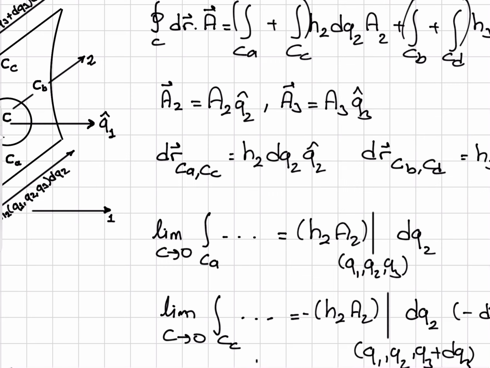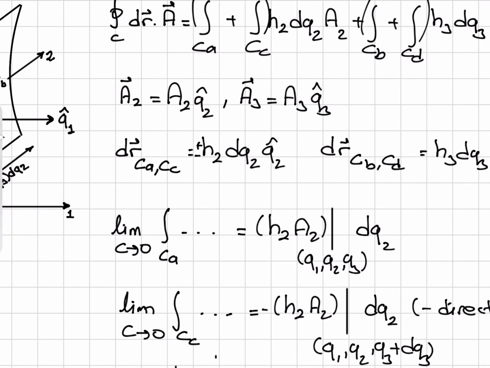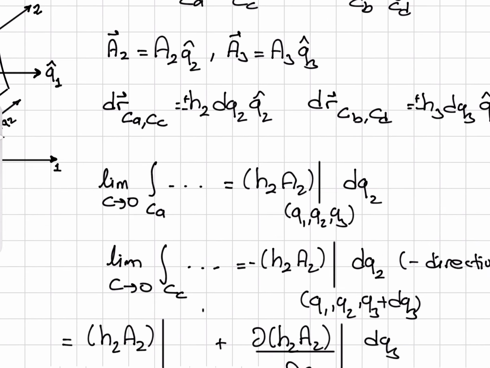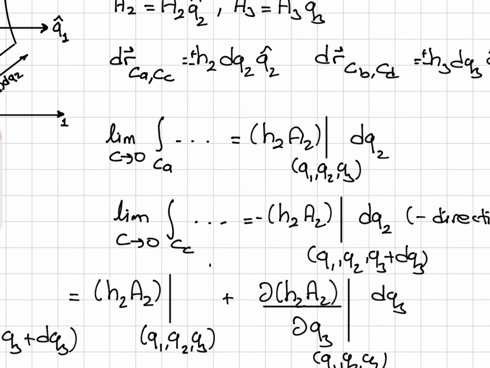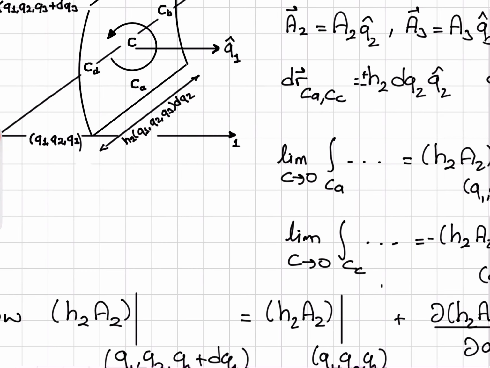So there's a plus or minus here, determined by the direction. It's evaluated at q3 plus dq3 instead of q3, because we moved up.